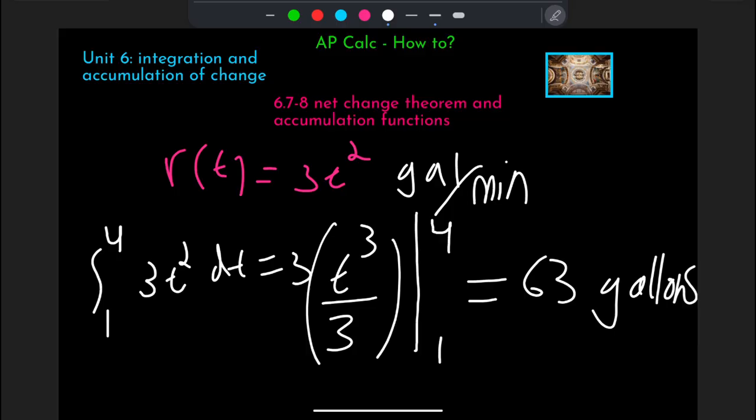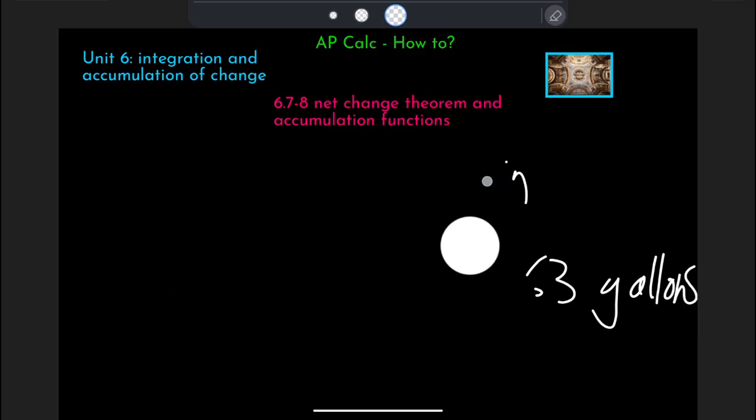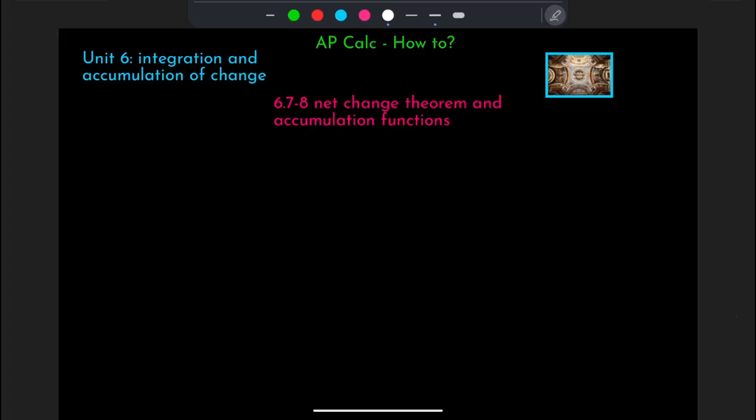Now let's go over example number 2. Net versus total distance.